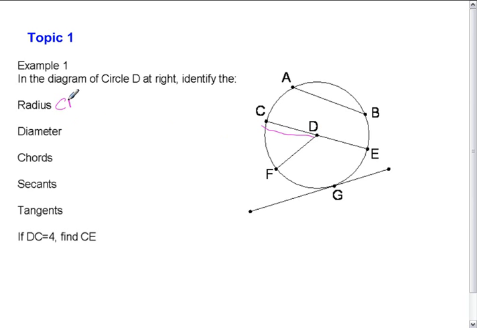So CD is a radius. DE is also a radius. And we have one more going right here, DF.